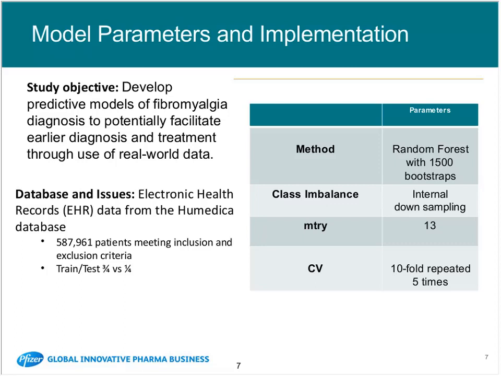Now, one other issue is the class imbalance. When we had this data set available to us, we noticed that less than 1% of the people were diagnosed as having fibromyalgia in our data set.